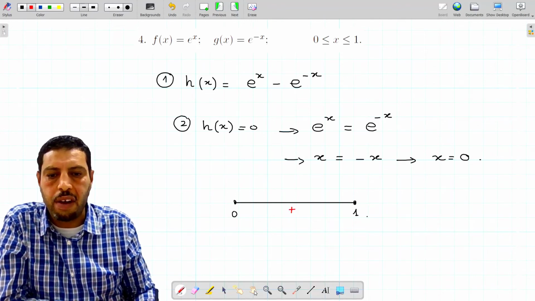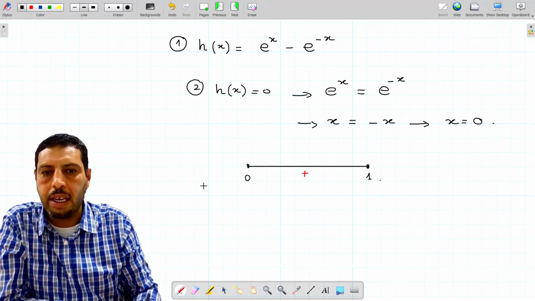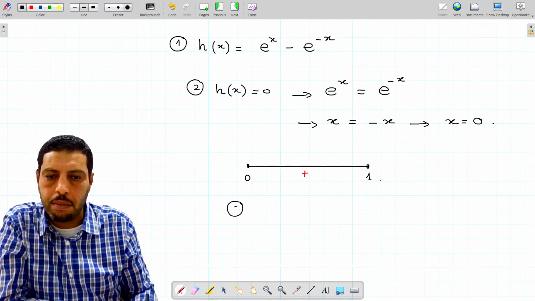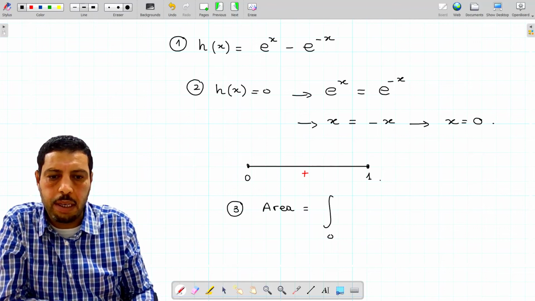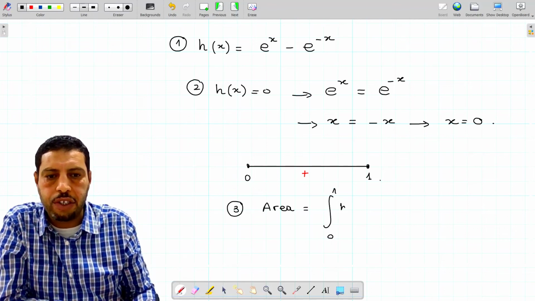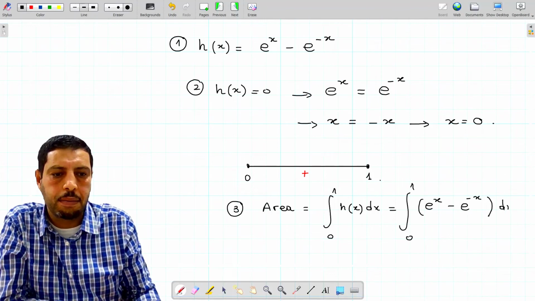So the h of x will be positive there, and we can compute our area, which is the integral between 0 and 1 of h of x dx, which means the integral between 0 and 1 of exponential x minus exponential minus x dx.